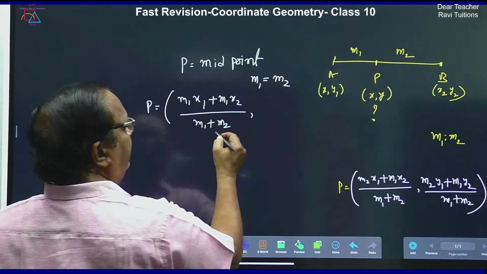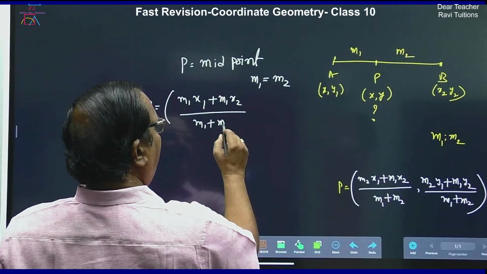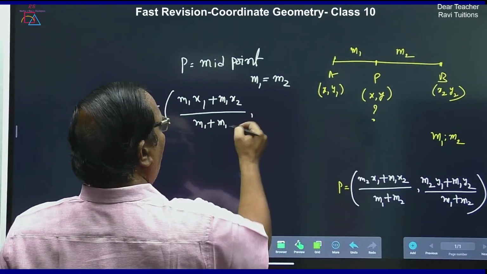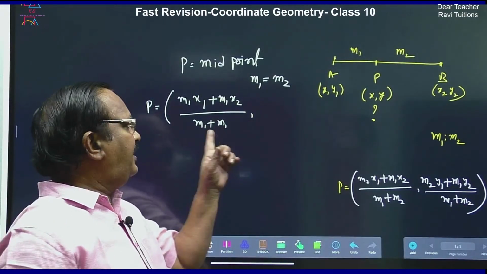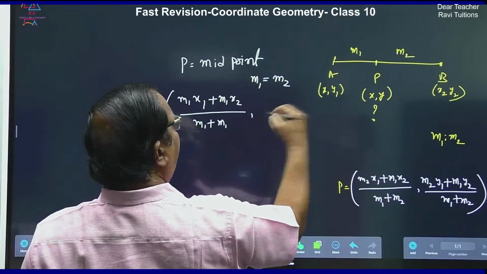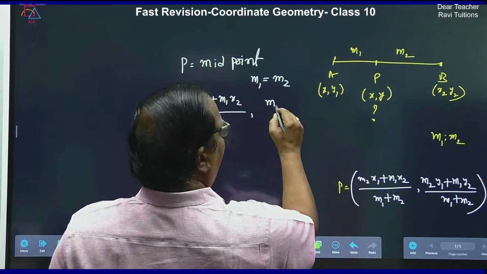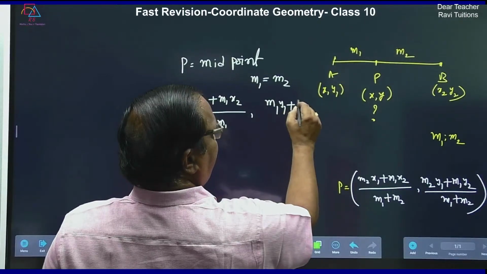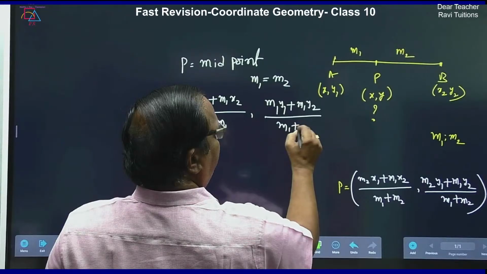I replaced m2 with m1. m2 is eliminated. In the place of m2 I have written m1. So on the y coordinate also, in the place of m2 I will write m1: m1 y1 plus m1 y2 by m1 plus m1.